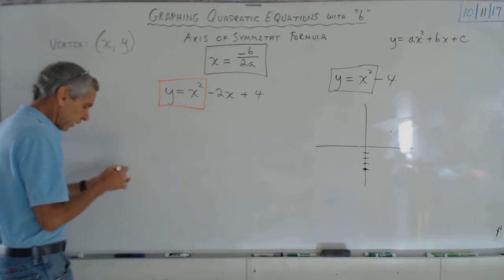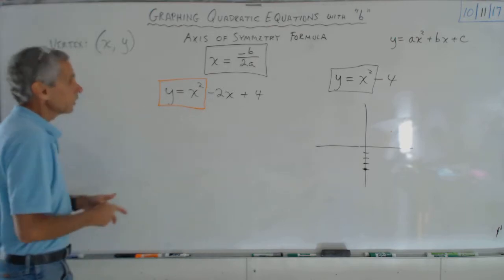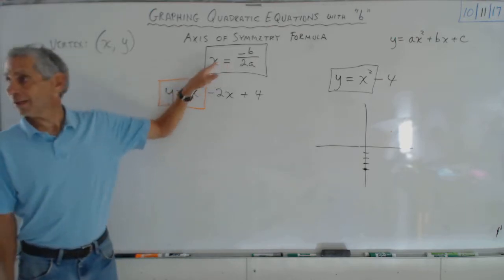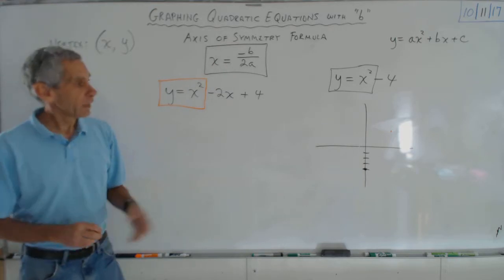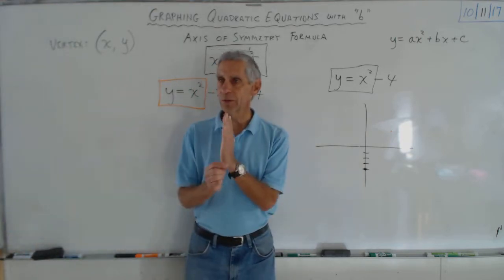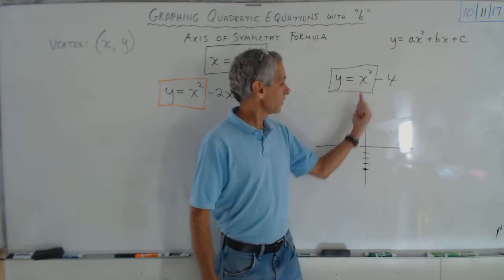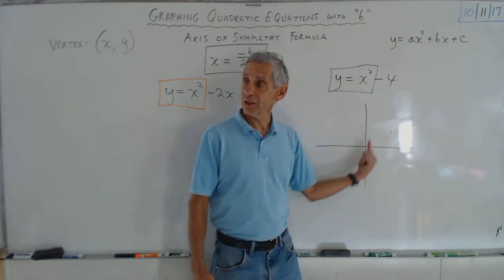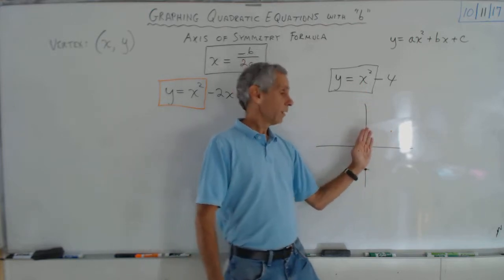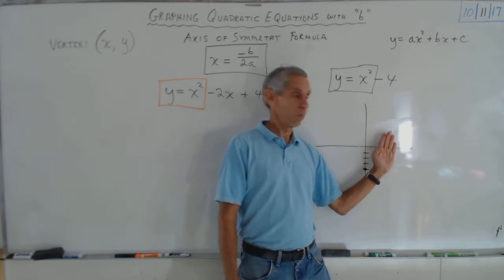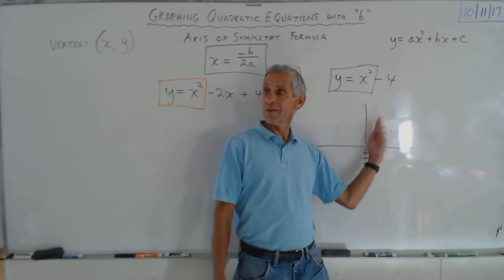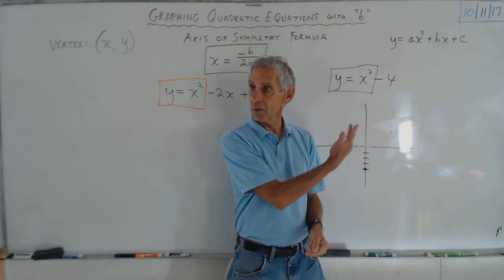So with this equation, we're going to use what's called the Axis of Symmetry Formula. Think about what an axis of symmetry is. When b is 0, the y-axis is your axis of symmetry. That's what they call an axis where your parabola is symmetrical, right?